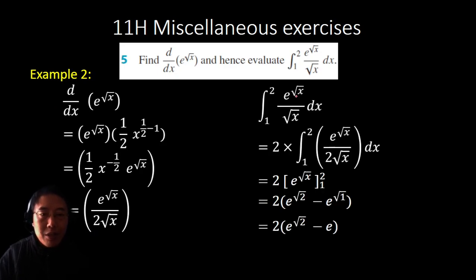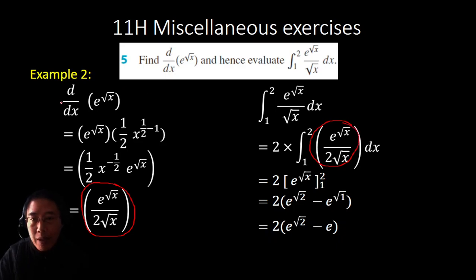So you either substitute or you introduce a factor 2, so you end up with this one, and that antiderivative is the same as that one.